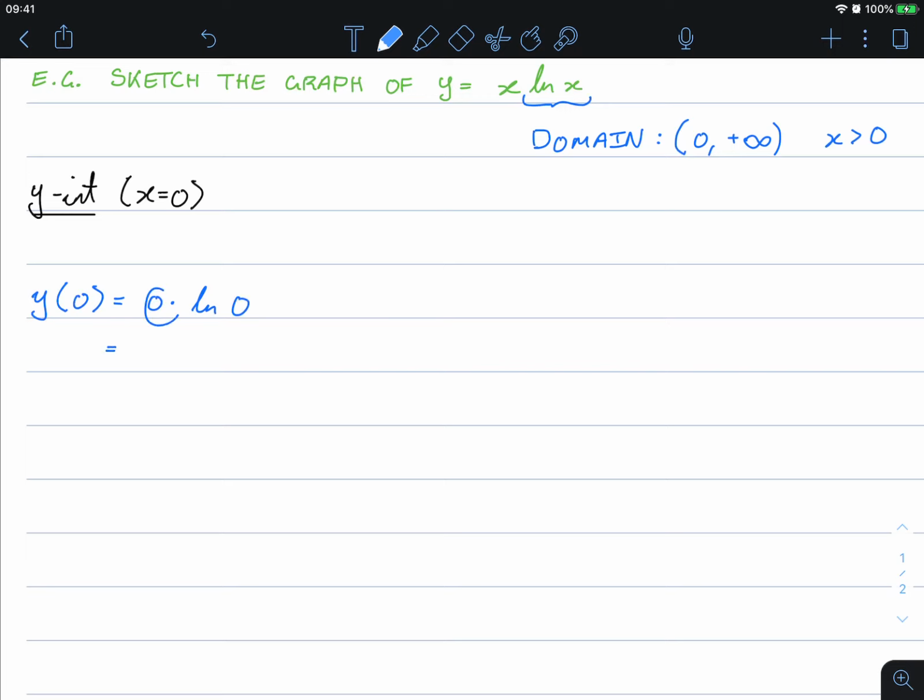Normally, we would say 0 times anything is 0, but if this is 0 times ln of 0, ln of 0 is actually undefined. So let's write that down.